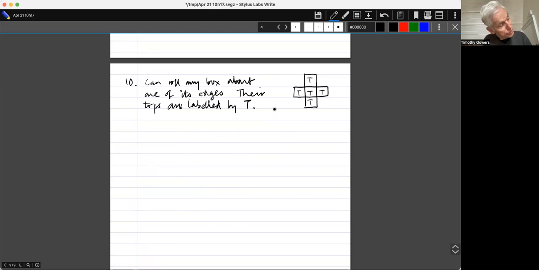Figure 4 shows the same 5 boxes rolled into a new position. So let me just draw that. And here it goes like this.